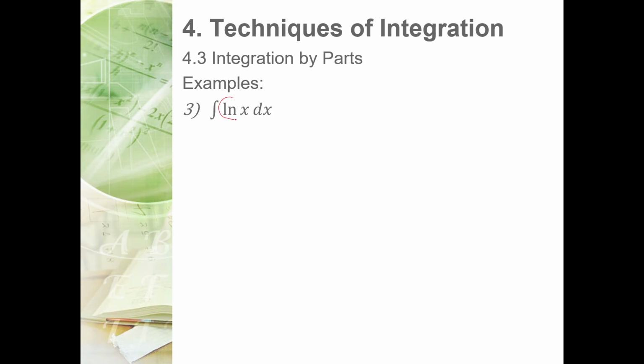Notice that you only have logarithm here. So even though the first description for integration by parts is the product of two different functions, this can also be the product of two different functions. So let's say the coefficient of dx is 1. So 1 could be expressed as algebraic. Same thing.